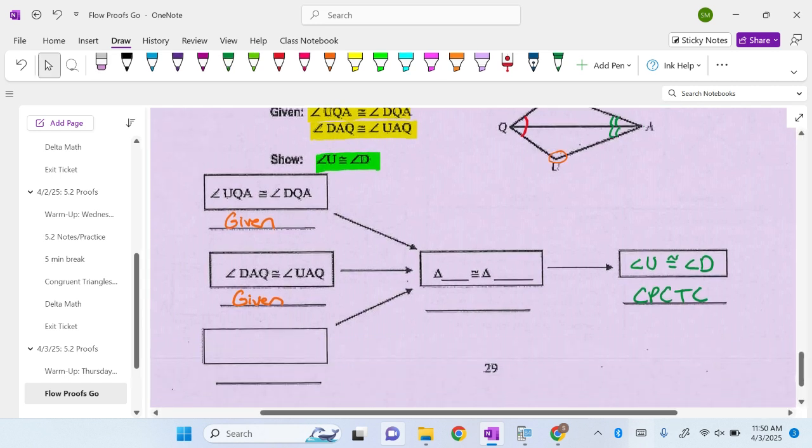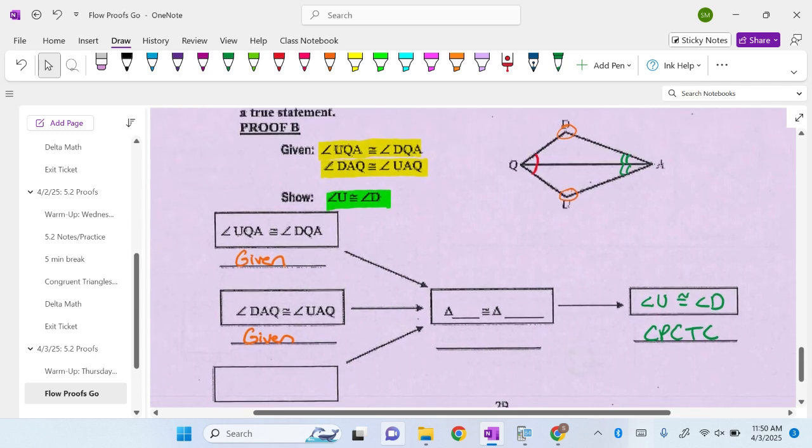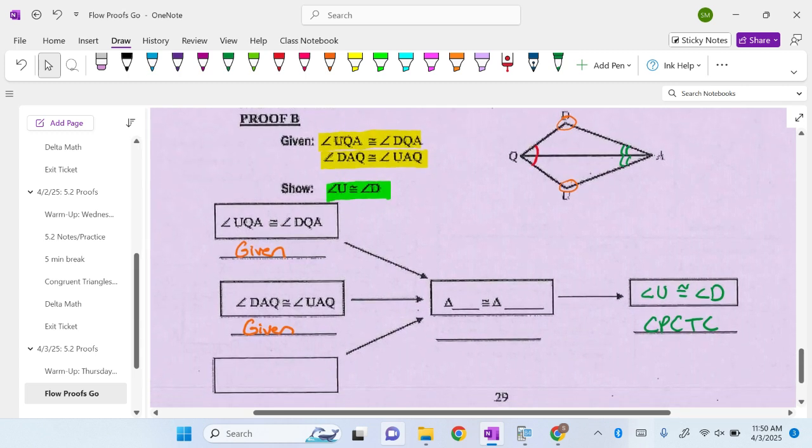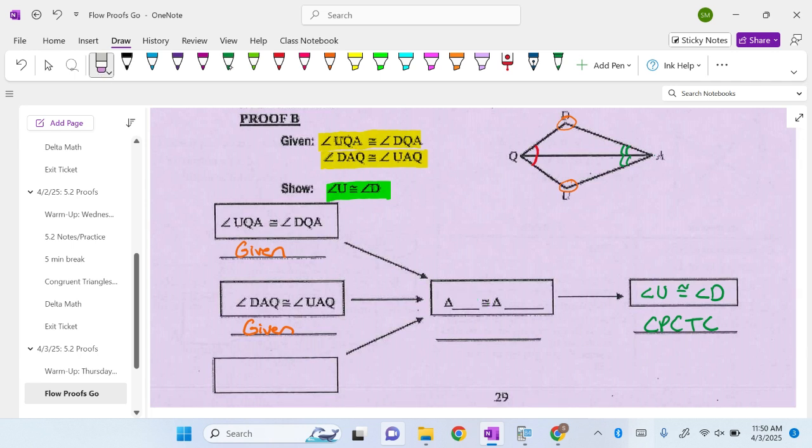So in reality, we're trying to prove that triangle QDA, and let me write that smaller so it actually fits, so triangle QDA is congruent to triangle QUA. That's what we're trying to prove.